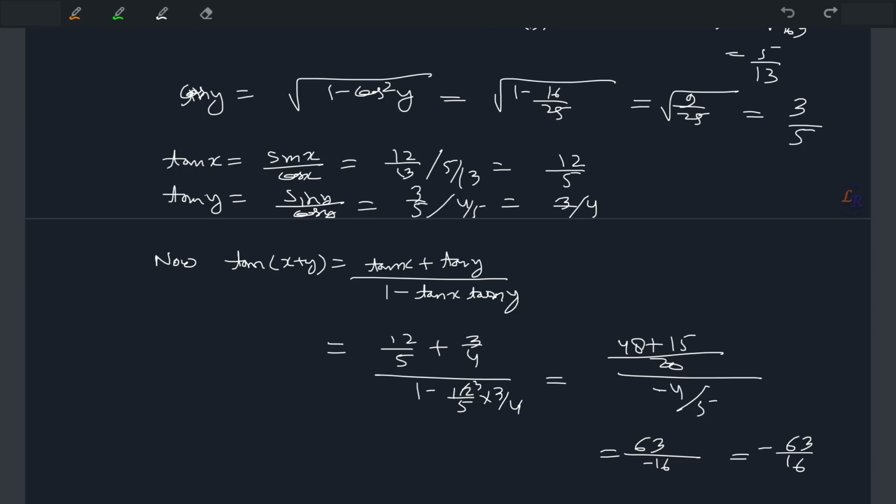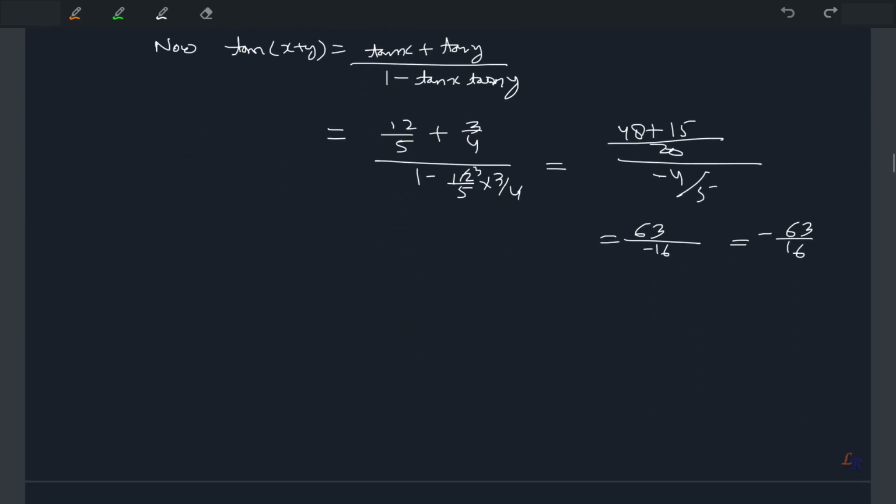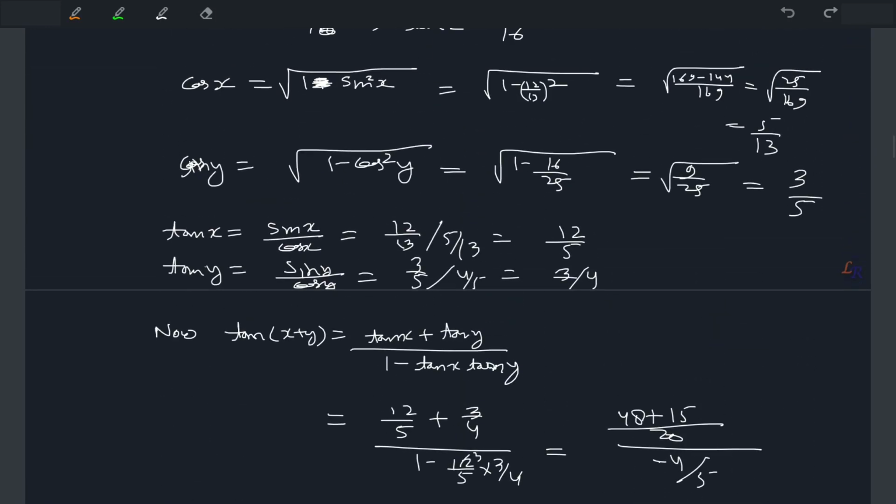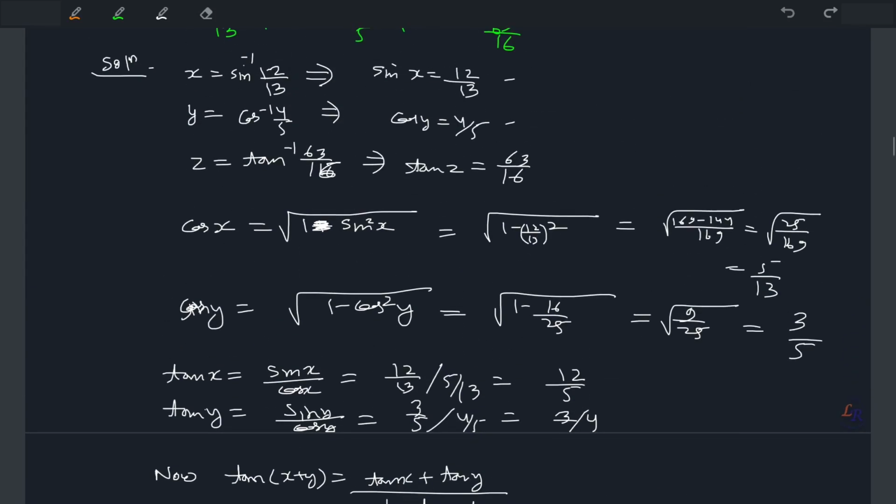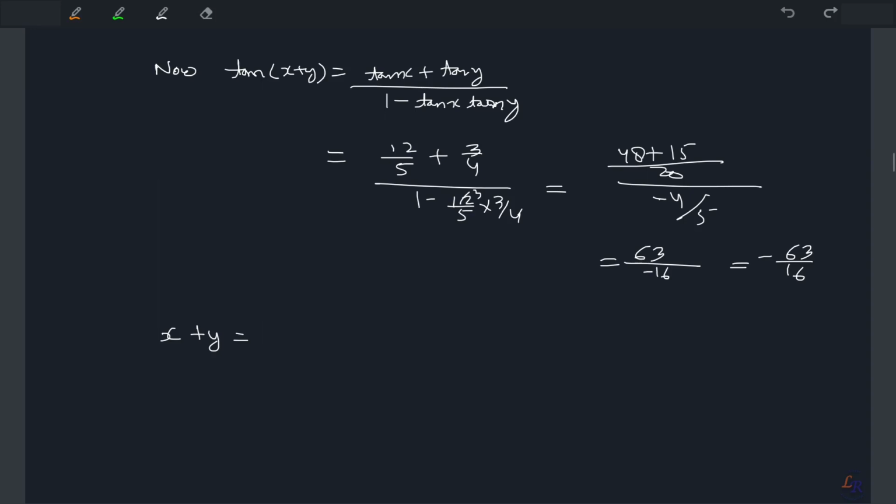Okay, so now you can easily take the inverse for that. Here we just saw that we assumed tan z is 63 by 16, so you just replace that value with the tangent. So what we get? We get tan of x plus y is equal to minus tan z.